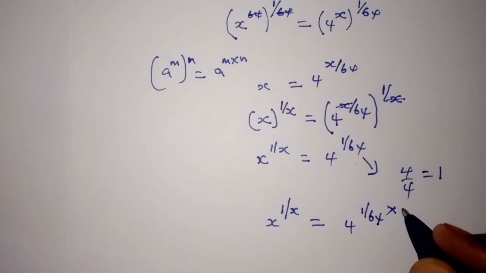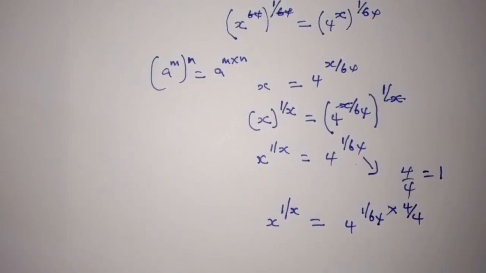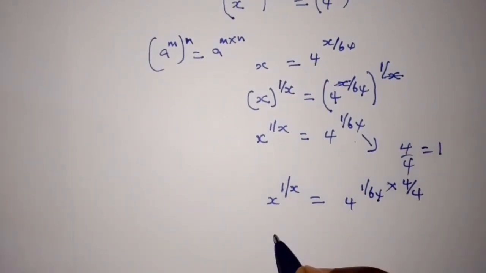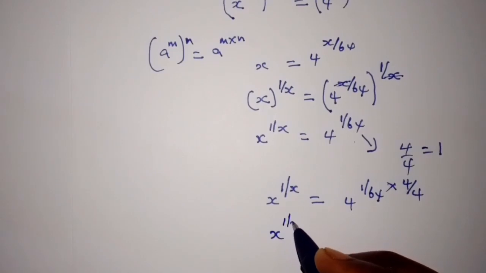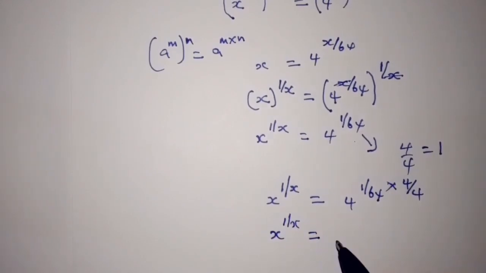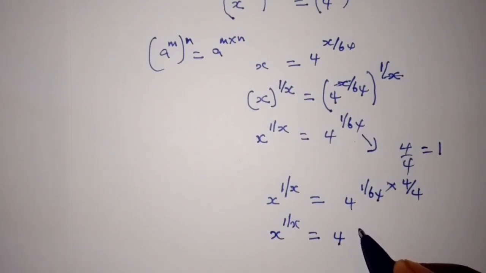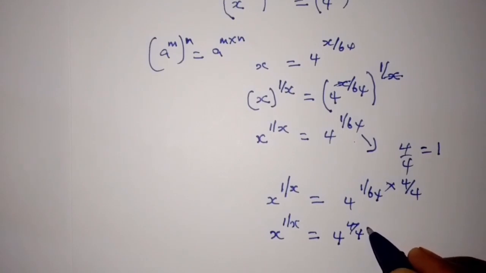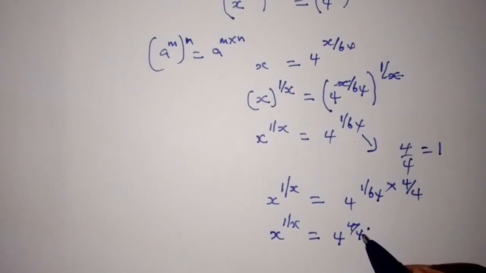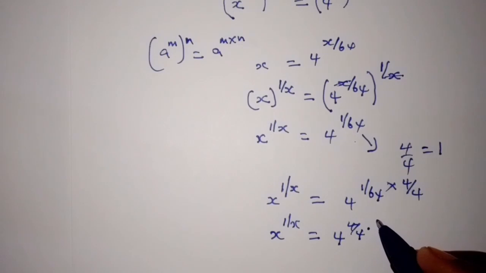We multiply by 4 over 4. We can say that x power 1 over x is equal to 4 power 4 over 4, multiplied by 1 over 64.